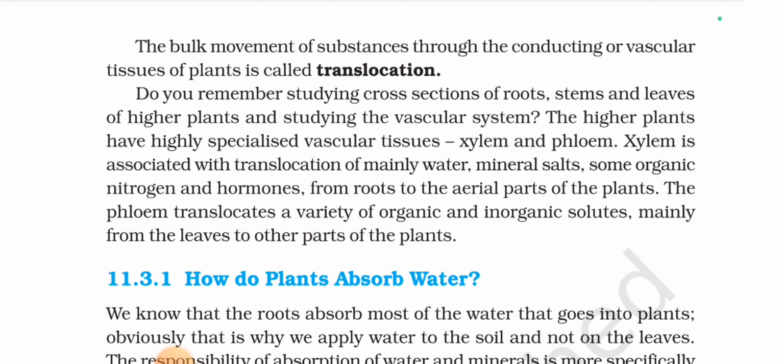Xylem is associated with translocation of mainly water, mineral salts, some organic nitrogen and hormones. यहाँ पर हॉर्मोन्स जुड़ गया है, तो यहाँ पर हो गया मेनली वाटर, मिनरल, सम ऑर्गेनिक नाइट्रोजन एंड हॉर्मोन्स. ये पूछा हुआ था, यहीं पर कंफ्यूजन था, हॉर्मोन्स होता है कि नहीं होता, होता है, नाइट्रोजन हॉर्मोन्स होता है. From roots to the aerial parts of the plants, the xylem translocates. The phloem translocates a variety of organic and inorganic solutes. तो फ्लोएम जो है वो ऑर्गेनिक और इनऑर्गेनिक दोनों पास करता है, mainly from the leaves to the other parts of the plant.